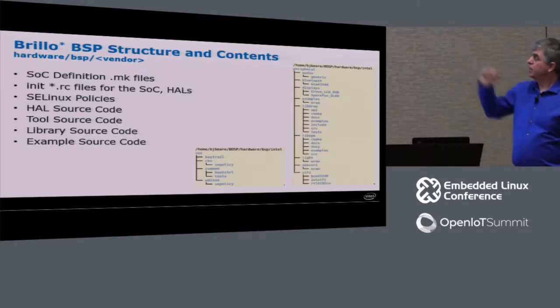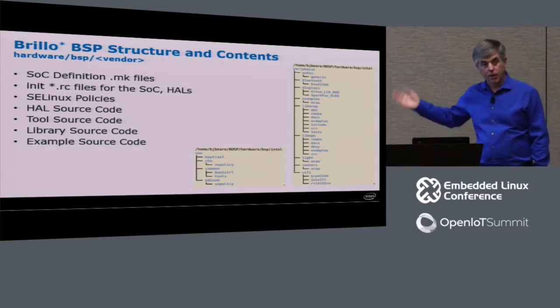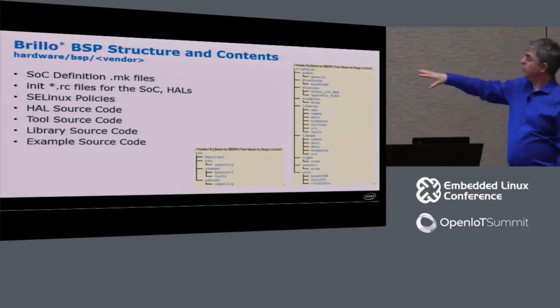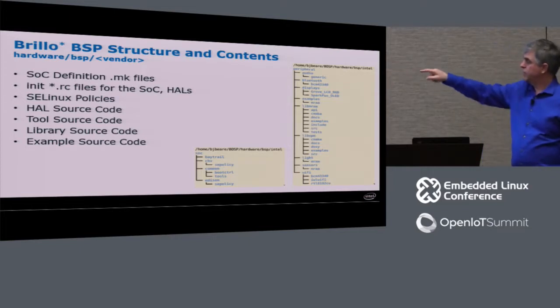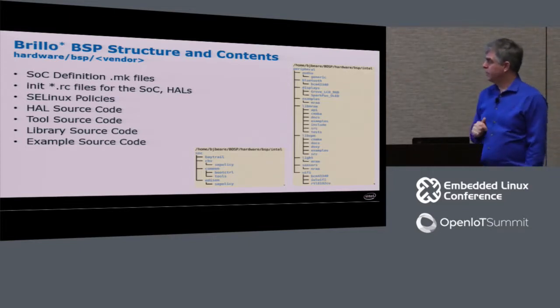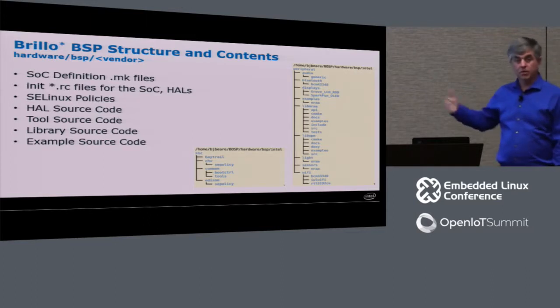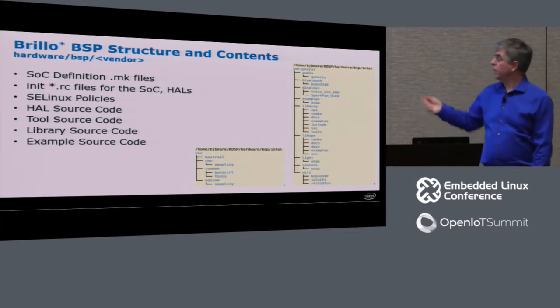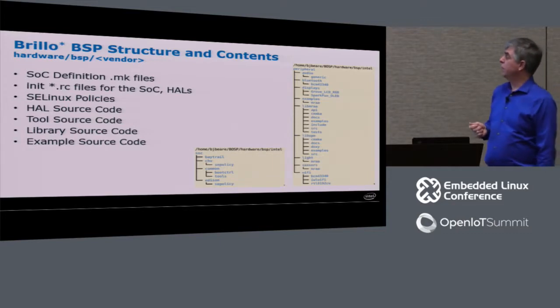So I have mentioned the hardware BSP Intel directory. There's hardware BSP Qualcomm as well for like the Dragonboard. So in the Intel directory, you'll find an SoC. Take a look at the middle yellow box there. The SoC directory has, for each of our supported SoCs, a directory, one for Bay Trail, which is the SoC being used in Minnow, one for Cherry View, which is the SoC being used in the upboard.